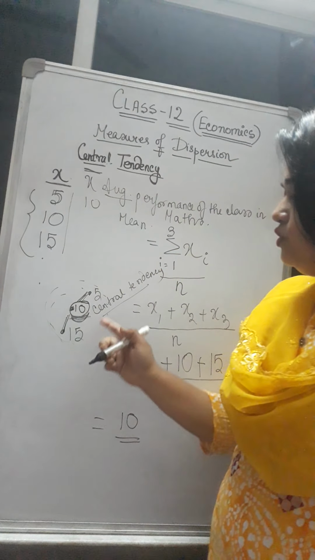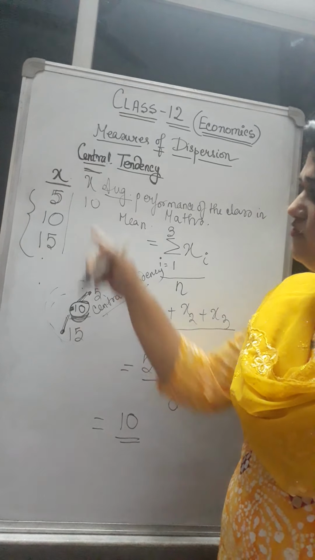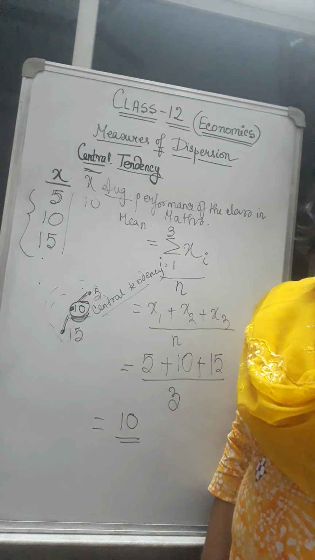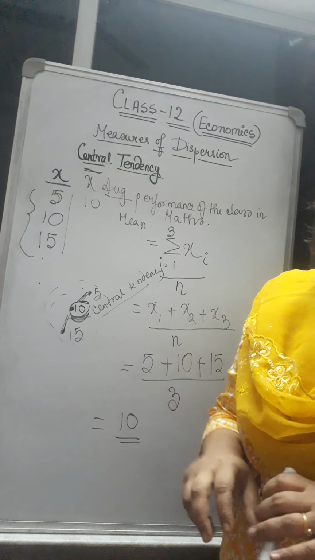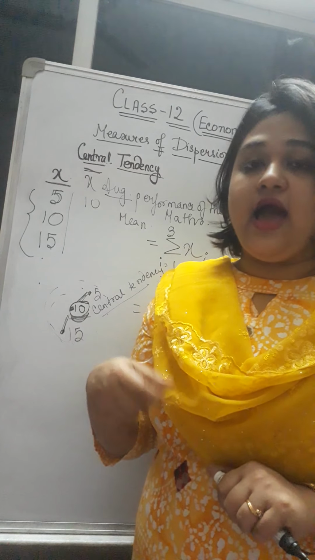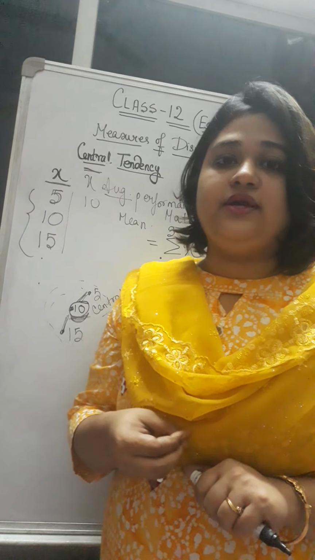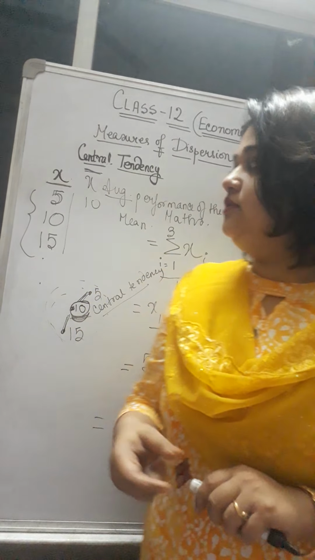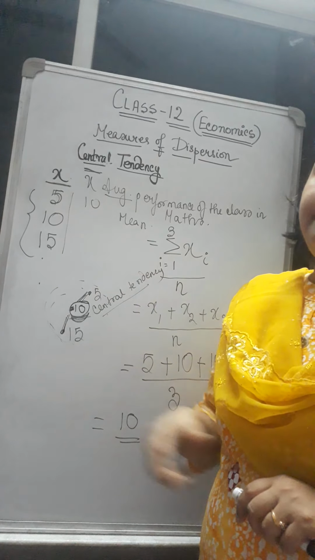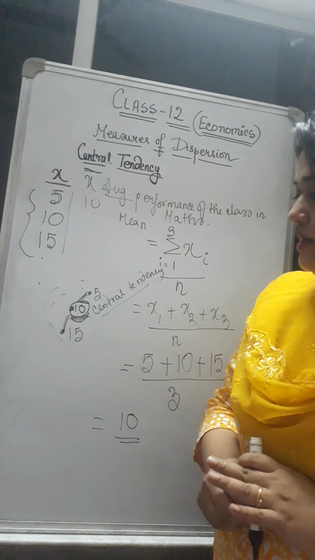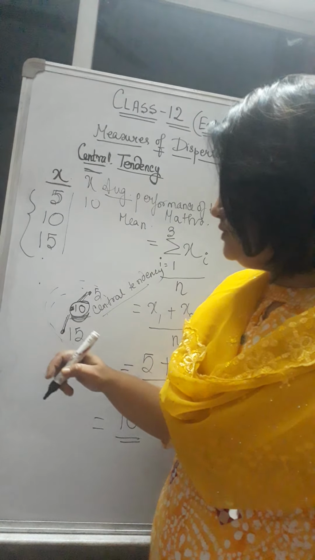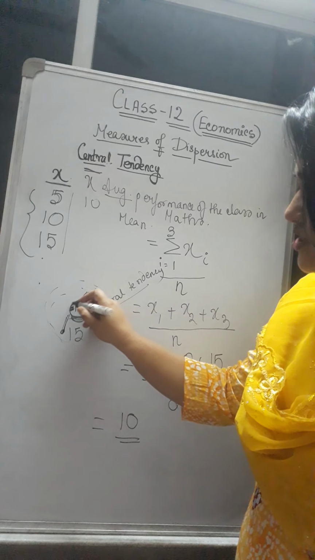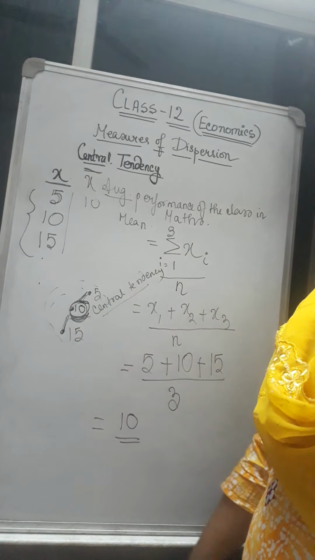Similarly, the closer the values of any variable lie to the average, it shows that the average calculated more or less gives an accurate picture of the values taken up by the variable. But sometimes what happens, you get a faulty average.